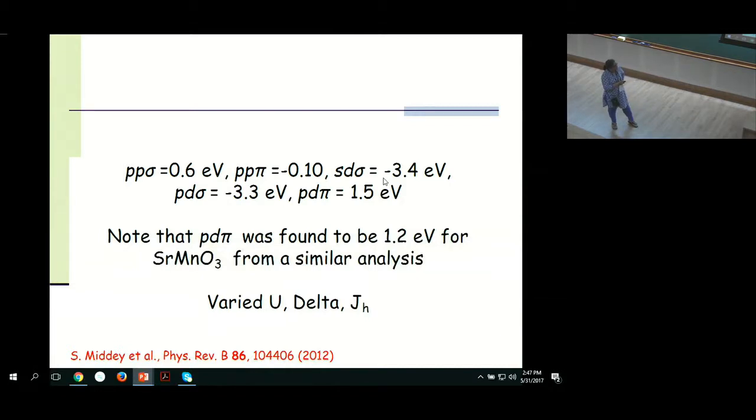Using these parameters, we varied U, and we also gave ourselves the freedom of varying the Hund's exchange interaction strength, as well as delta, which is the charge transfer energy between the oxygen p and the transition metal d states.